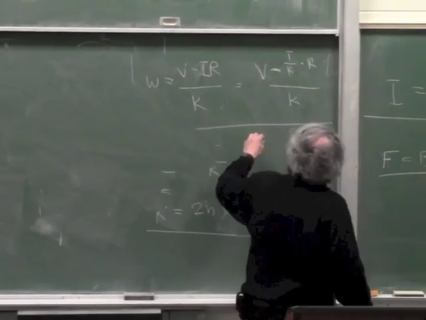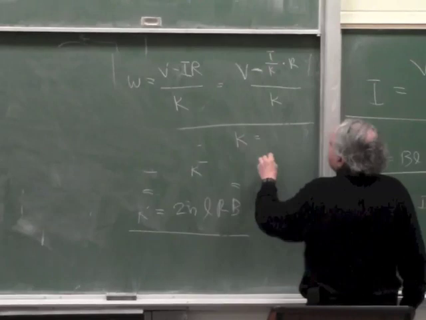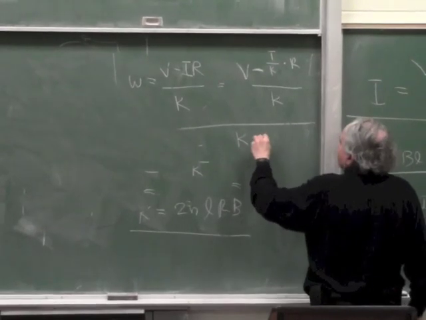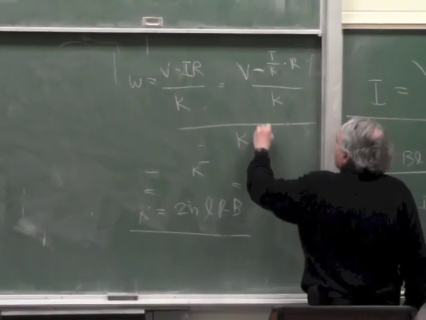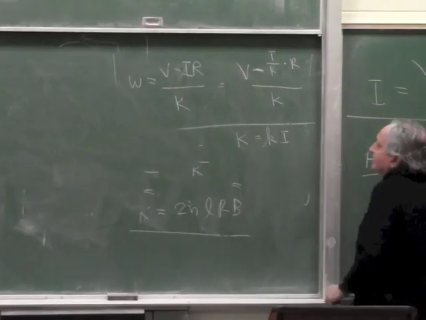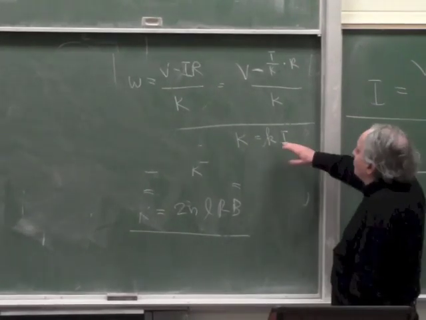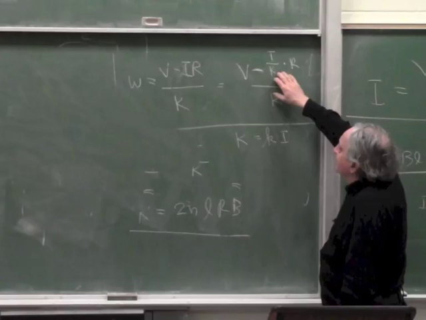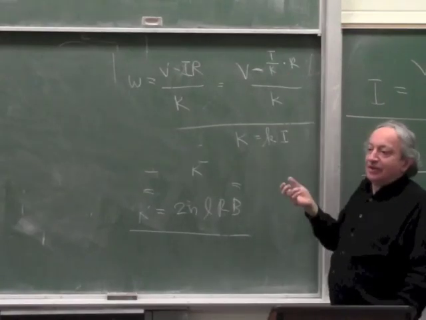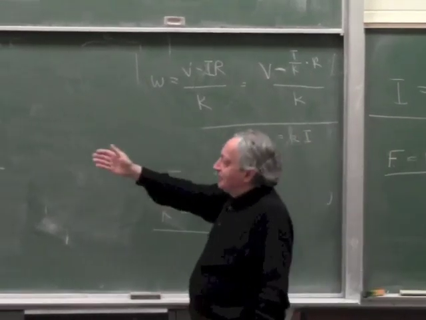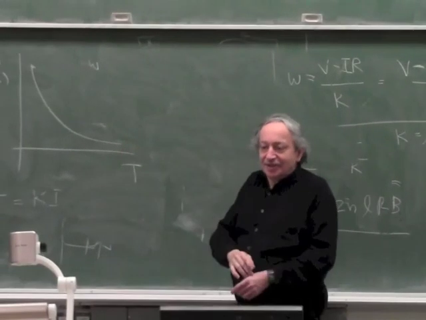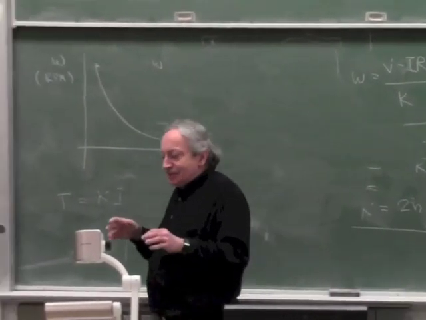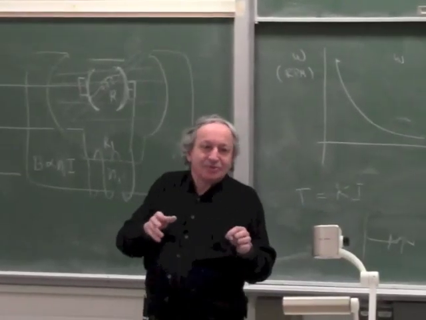Let's say that K is some other K, let's call it small k times I. So you plug this k here, and then you get an equation which leads to this graph.